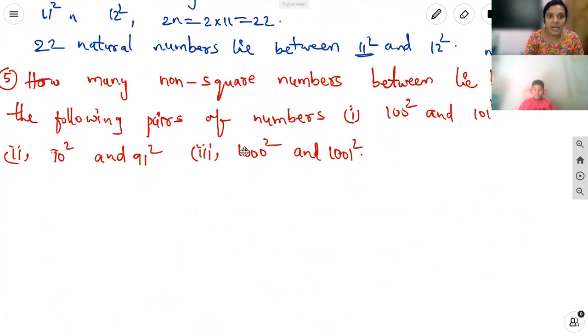Next, how many non-square numbers lie between the following pairs of numbers, 100 square and 101 square? They are asking how many non-square numbers lie between the pair of numbers.